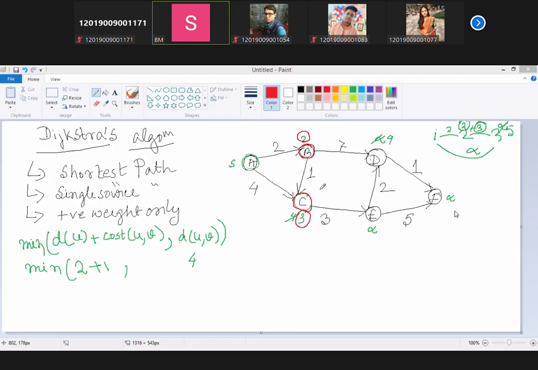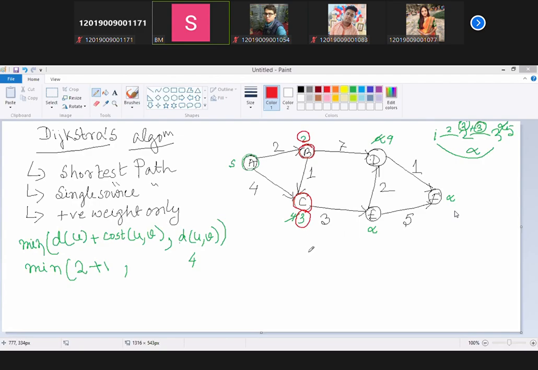Anyway, the next minimum is your 3. Now you need to check what are the edges which are connected to it. Your source is S. Don't think that the source is continuously shifting.